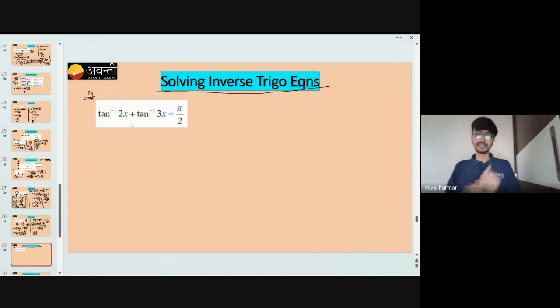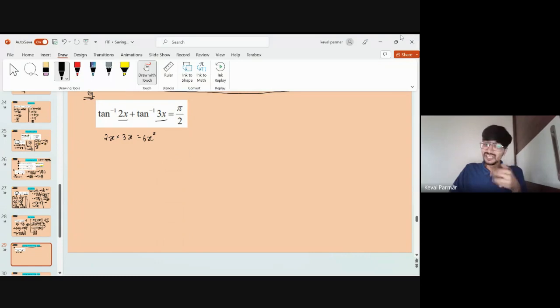But if you are really curious, if you are really attentive, you can say that 2x into 3x is basically 6x square, which will always be greater than 0. So we can use the first formula.